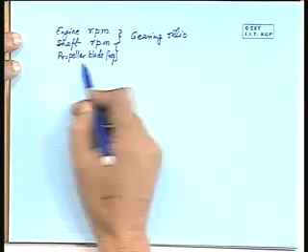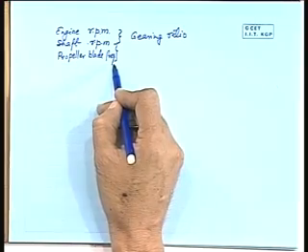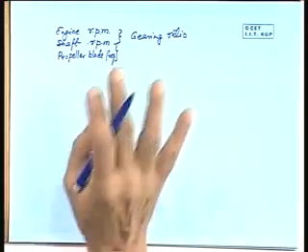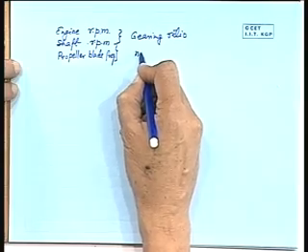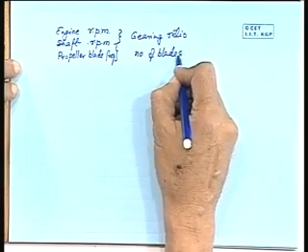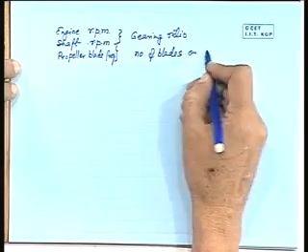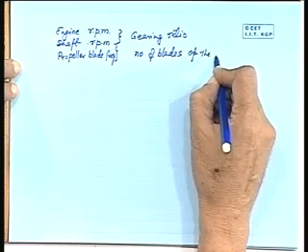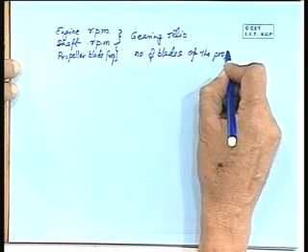So, for every RPM of the shaft, this propeller blade frequency will be n times. N times means the number of blades times the shaft RPM. Okay. So, here the number of blades of the propeller is the controlling factor.